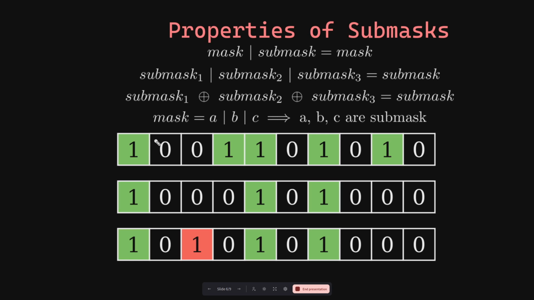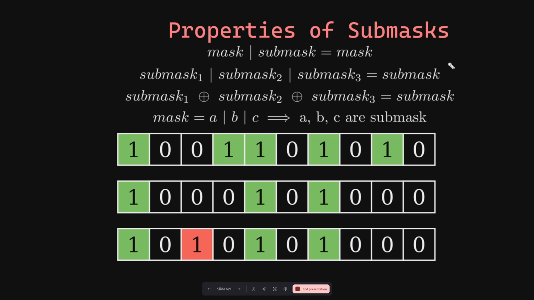But if the mask contained a 0 over here, then it is natural to assume that the submask will also contain a 0 over here, and therefore this bit will also be preserved. So all the bits in the mask would be preserved, and hence this formula is valid. And using this, you can figure out if one number is a submask of the other.